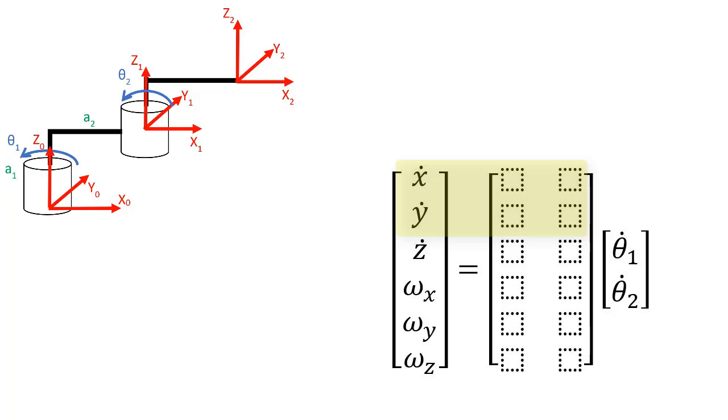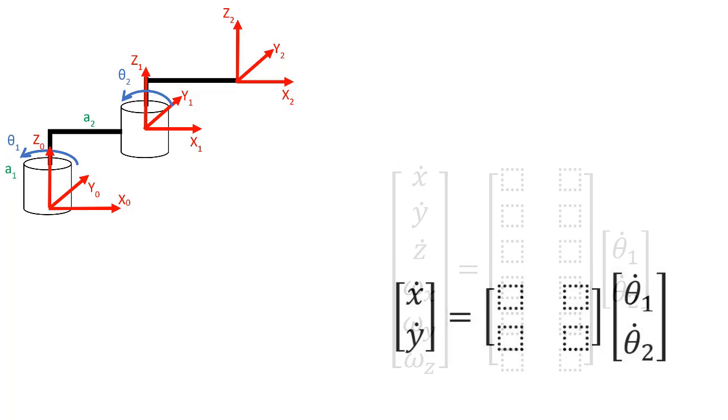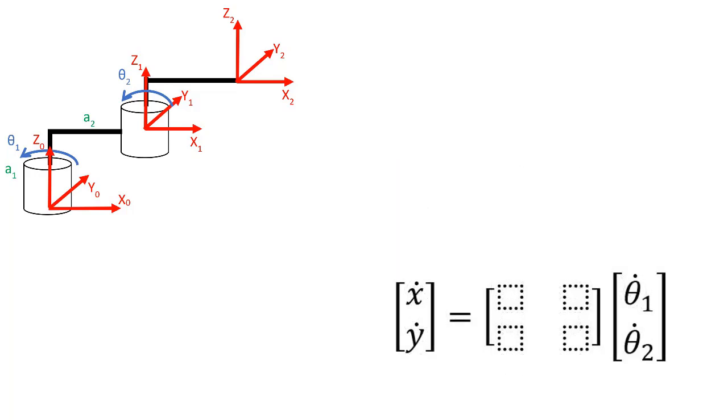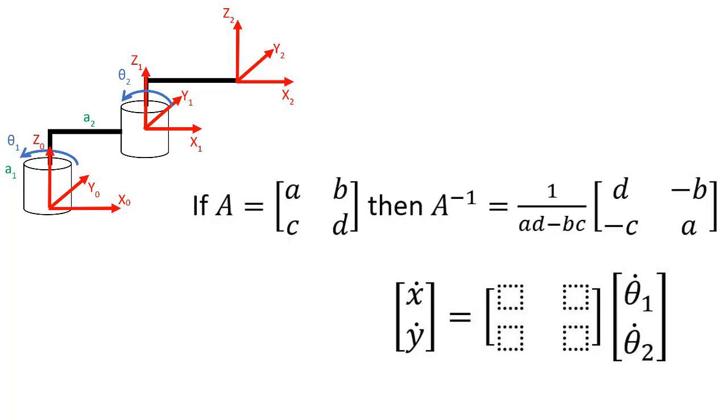So I'm going to make a simplified version of the Jacobian matrix that only includes these two things. That's necessary because we can only find the inverse of a matrix that is square. So now that we have a 2 by 2 matrix, the matrix inverse is defined like this.